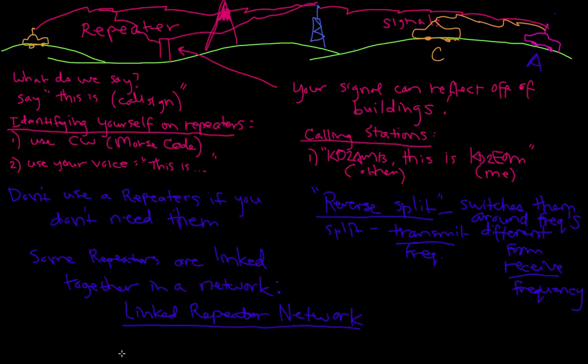Then someone in Washingtonville can transmit a signal back to me through the Washingtonville repeater, and it'll be transmitted by all the other repeaters, including Warwick and Chester. Through this big network, it really extends the range of my station because there are multiple repeaters. You can see now we have three repeaters on the board. If I transmit to one repeater, it gets transmitted to all the others, which really helps extend the range.